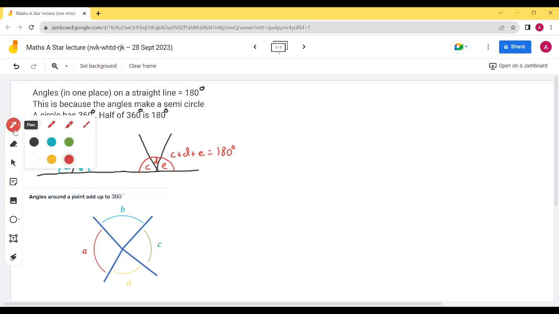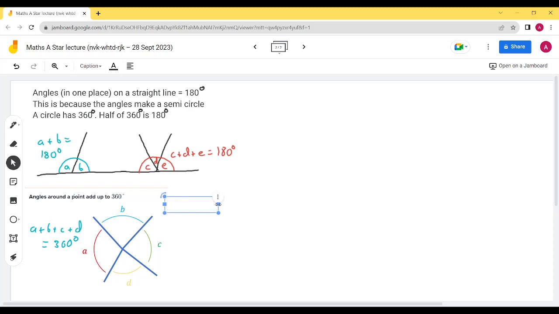You've got here A plus B plus C plus D equals 360 degrees. And as you can see from the illustration, this is because they make the circle, and a circle always has 360 degrees. You also hear these phrases in general English language, to be honest.